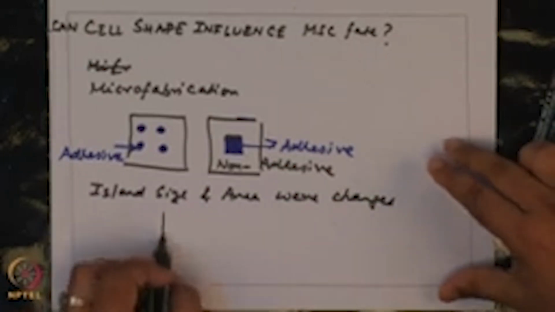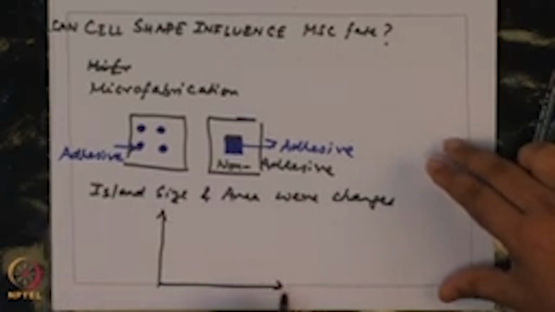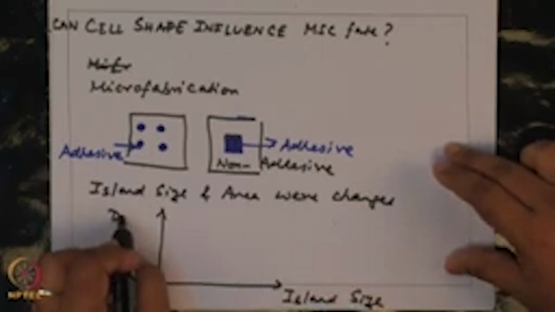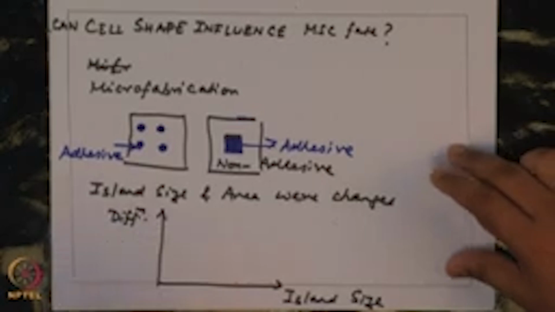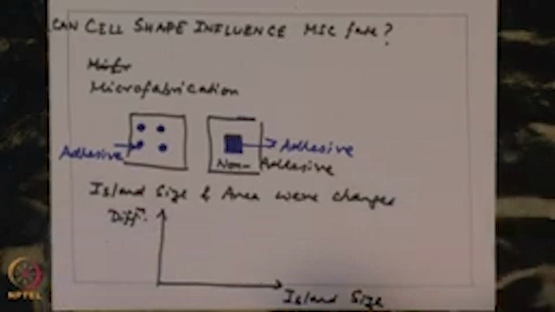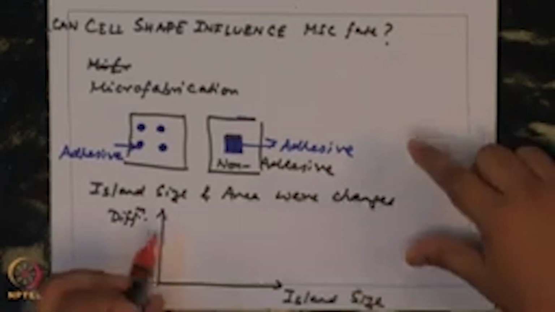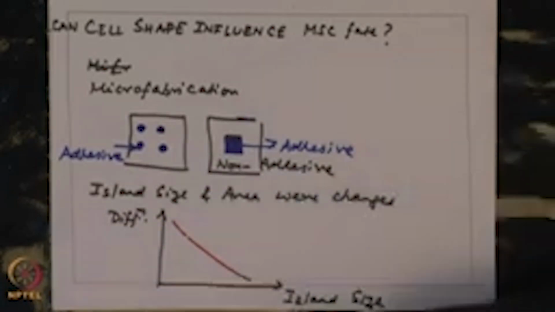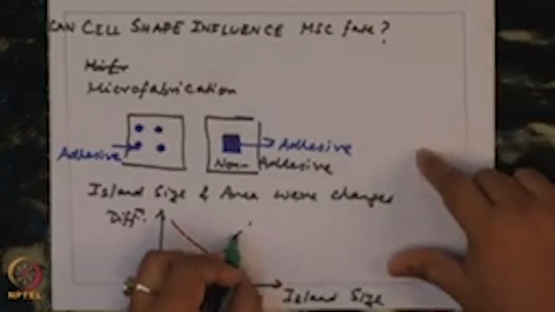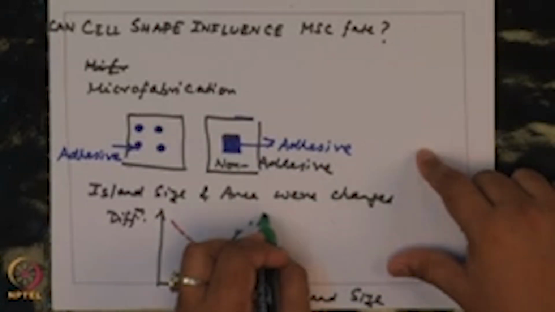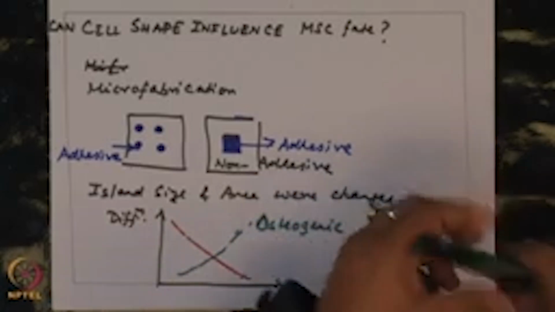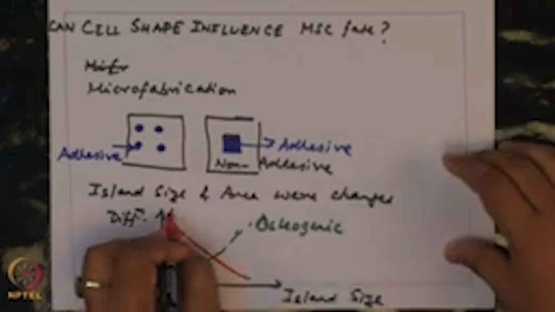So, what they found was, when they varied the island size, this is island size, and let us say the y axis is the extent of differentiation. With increase in island size, they observed the following thing. This is osteogenic and this is adipogenic.